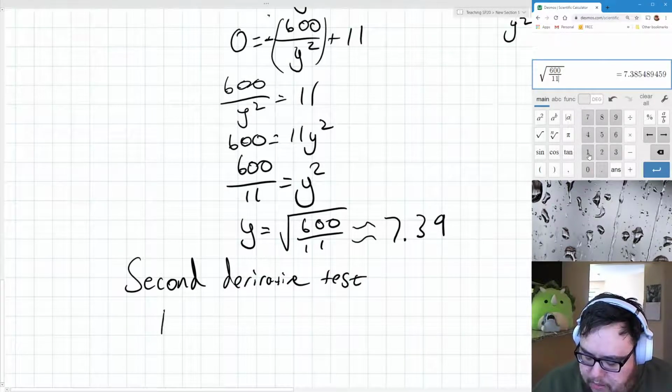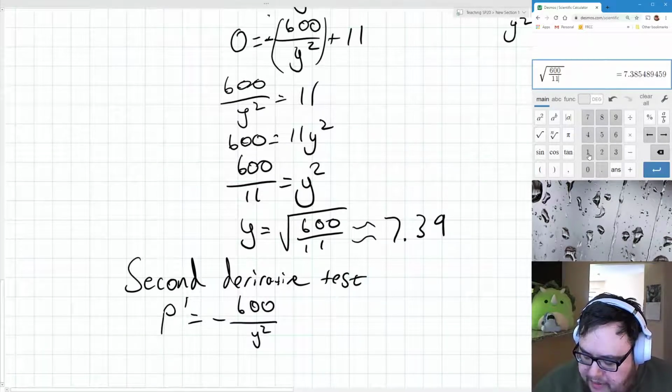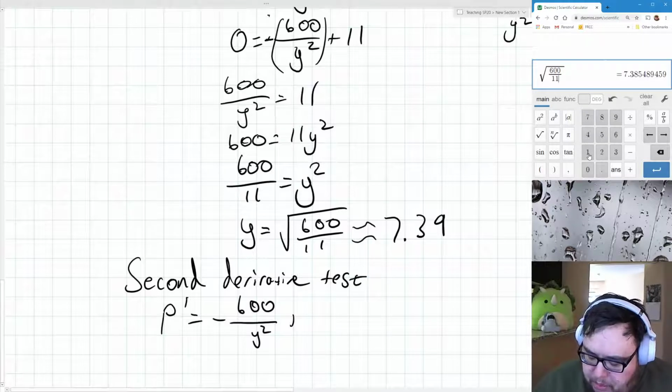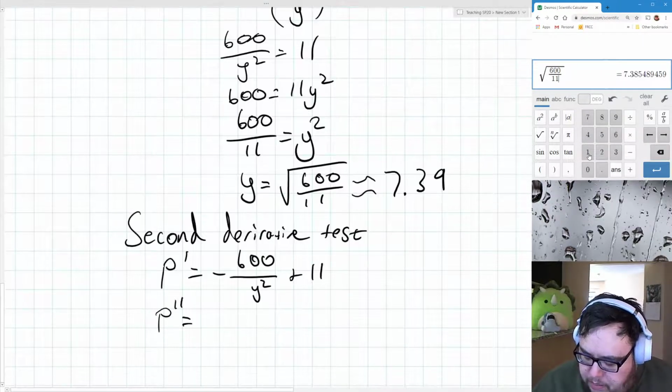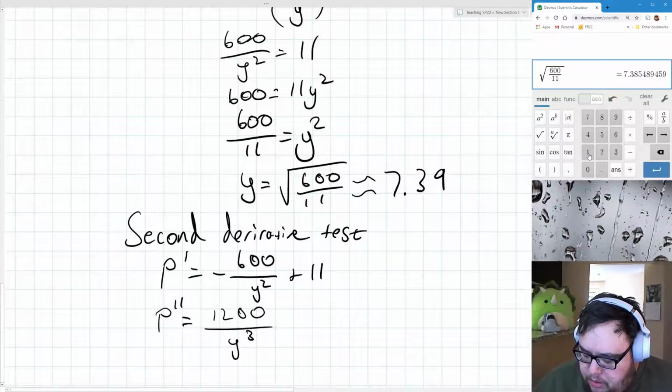P prime was equal to negative 600 over y squared plus 11. So P double prime is going to be 1200 over y cubed plus 11, or plus 0.